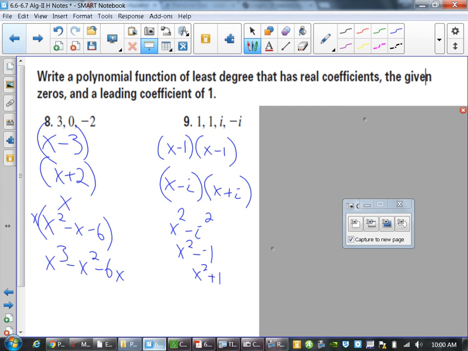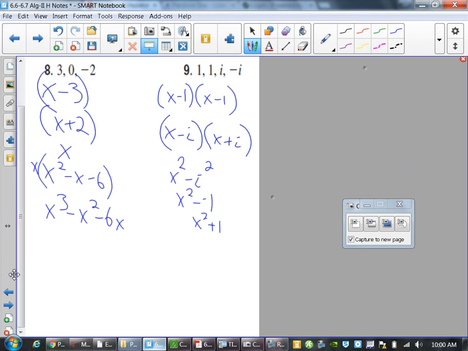I'm still subtracting the 0 term, x minus the 0. The other part was the x minus 1 twice, where we would get, what does that work out to be? X squared minus 2x plus 1.